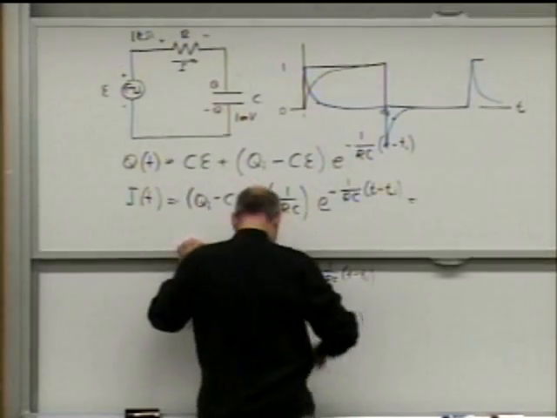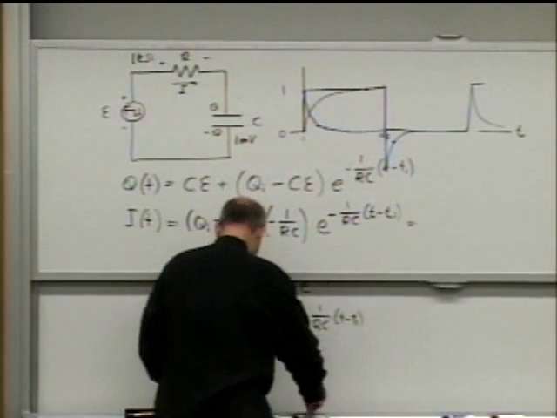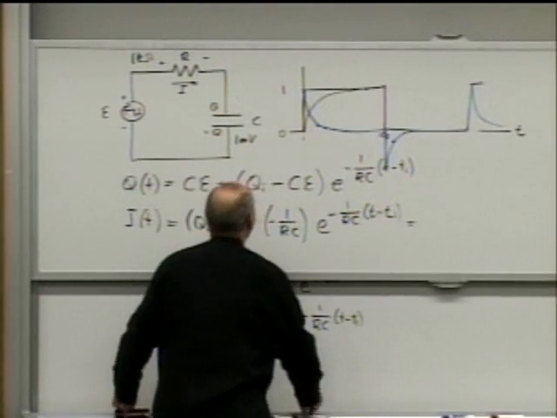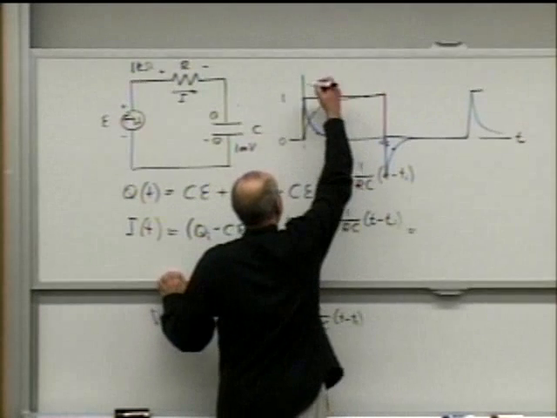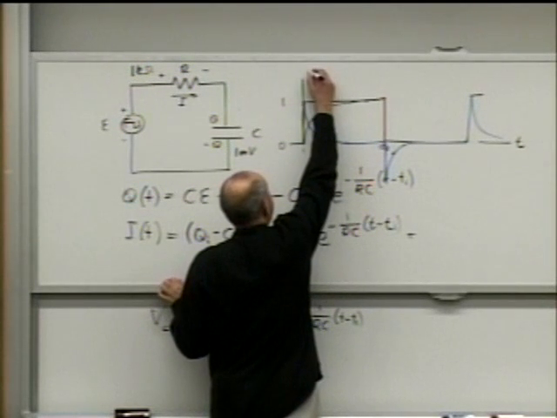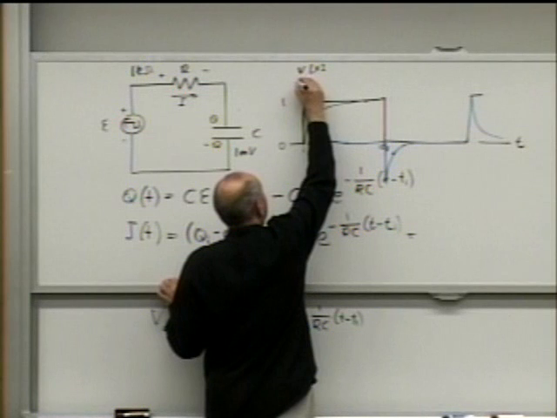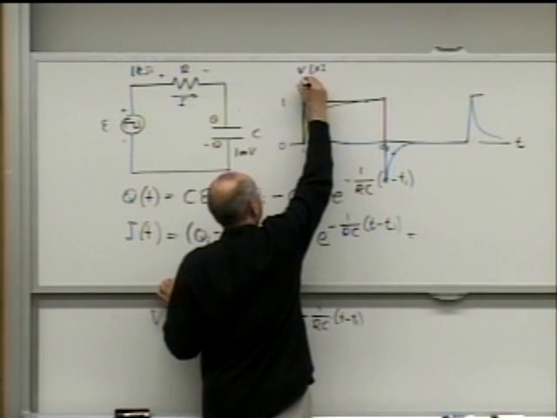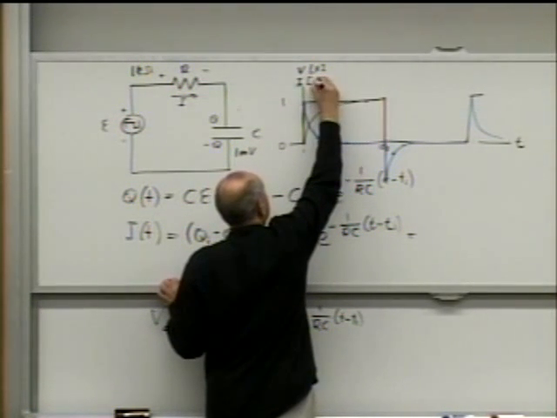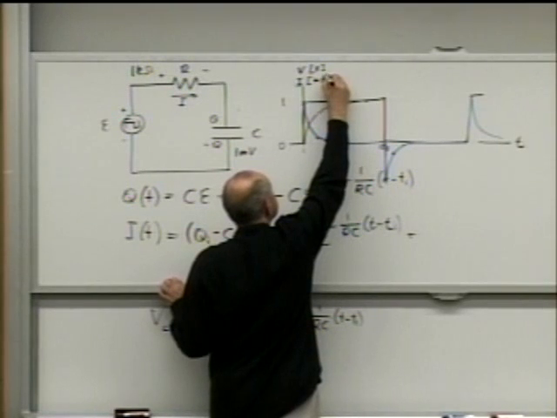Over here, actually, let me make sure what do we have? I simultaneously make a plot of voltage over here. And that one is in volts. And current, and this one is in milliamperes.